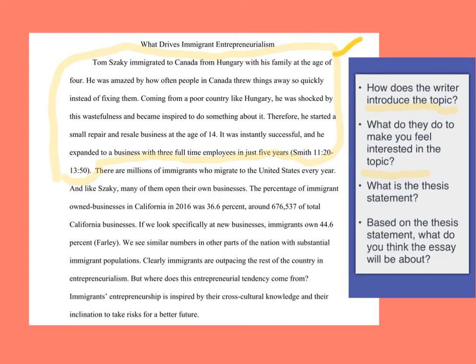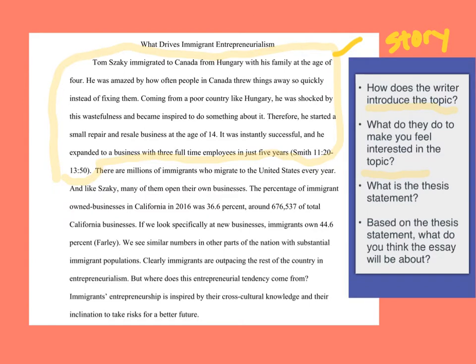They're doing it with a story, the story about Tom coming to Canada and how he opened his own business. So it's really getting the reader warmed up and thinking about immigrants opening their own businesses. And the story automatically draws you in and gets you interested.